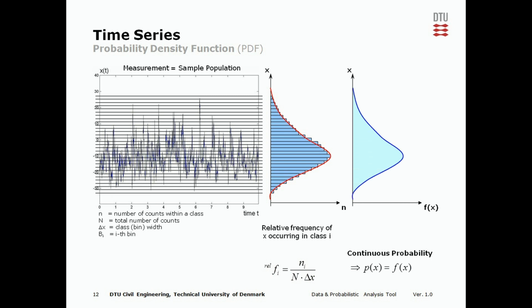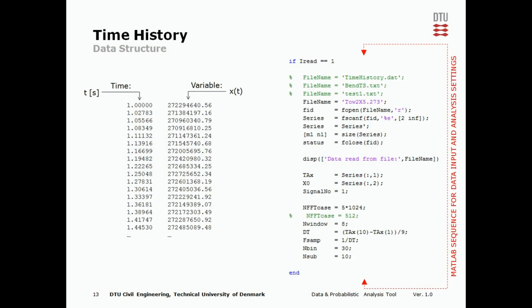By nature, the area underneath this density function is 1, because this is 100% of all the measured data points, and they are distributed in this particular way around the mean value, or let's say again between the maximum and minimum value obtained.